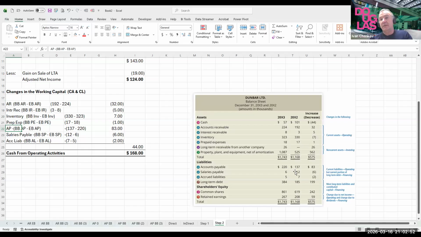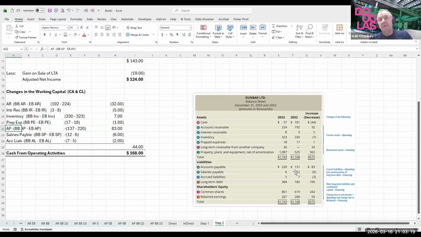If the liability is going down, that means I'm using more cash to pay that liability, to clear that liability. Again, I have to be honest, no one teaches the cash flow statement the way I'm teaching it. But if you follow this simple logic, you will never make a mistake on the cash flow statement.